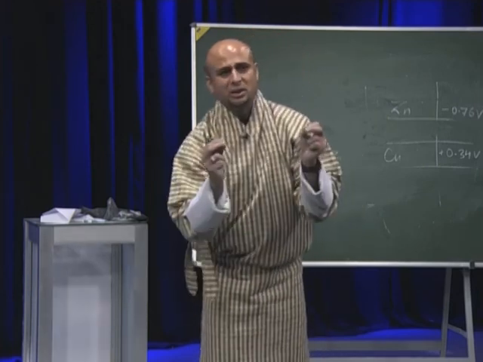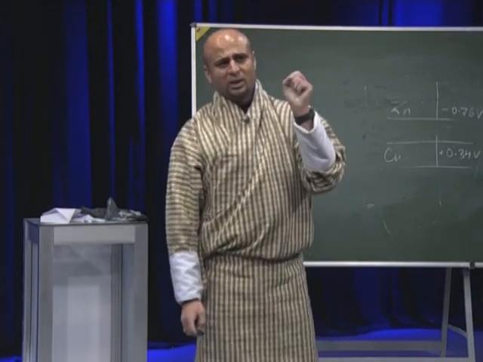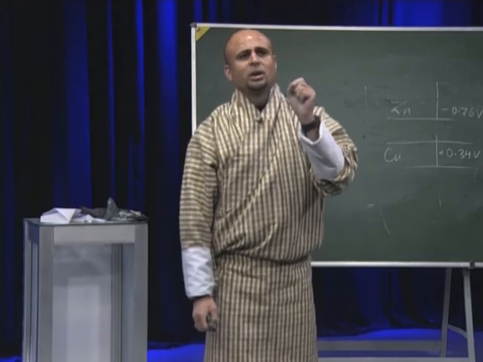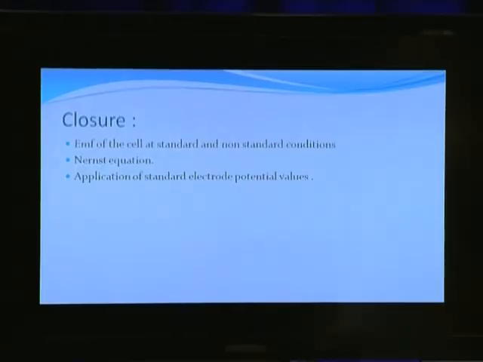If these conditions are not fulfilled, the cells are known as non-standard. If the cell is in non-standard condition, we calculate the EMF of the cell using the Nernst equation. And lastly, we looked at the applications of standard electrode potential values. We have discussed four applications here.